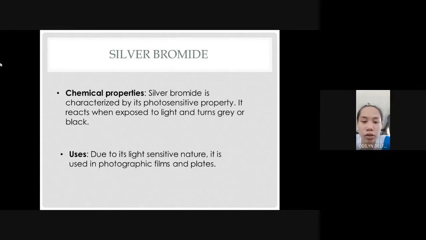Uses: due to its light-sensitive nature, it is used in photographic films and plates. Aside from that, it is also used as an antiseptic and cleaning agent. So next po.